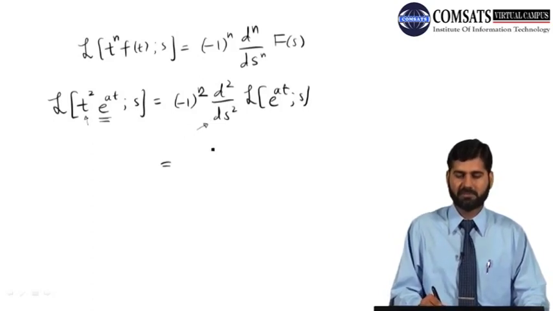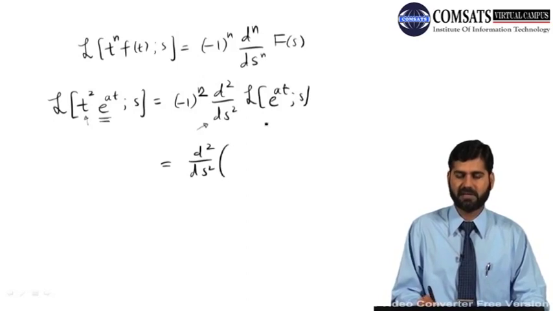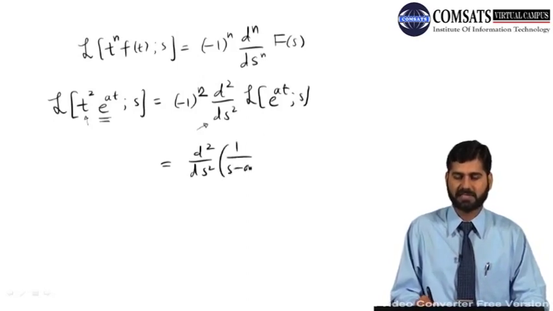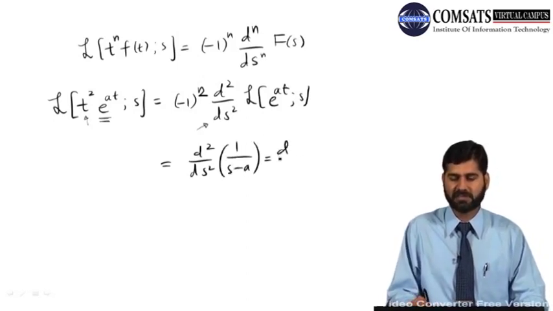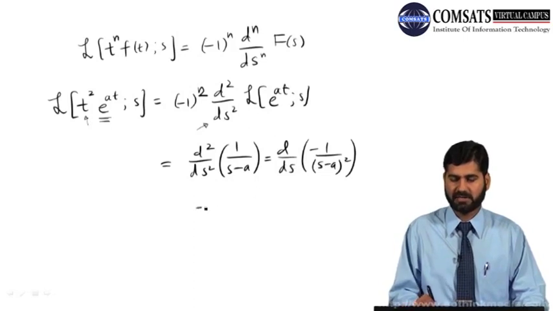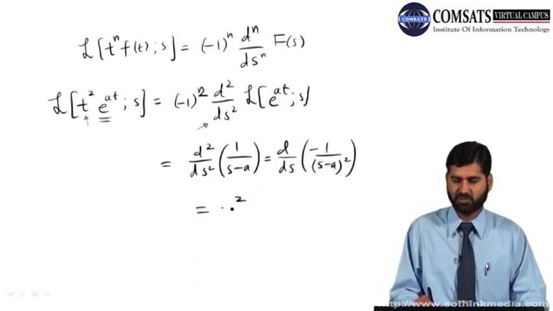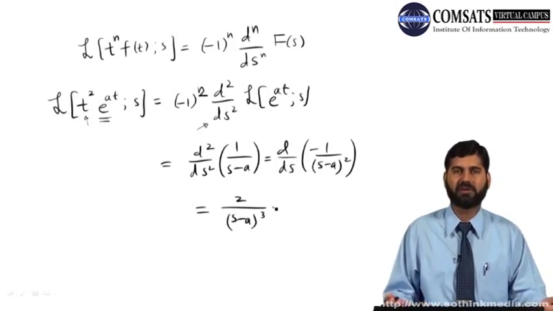So (-1)^2 becomes plus 1, and we take the second derivative of the Laplace transform, which is 1 over s minus a. The first derivative is minus 1 over (s minus a)^2, and the second derivative is plus 2 over (s minus a)^3. So this is your answer.